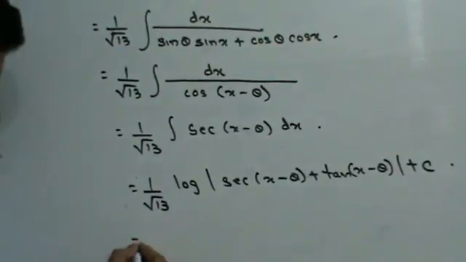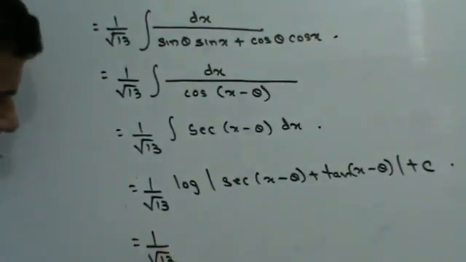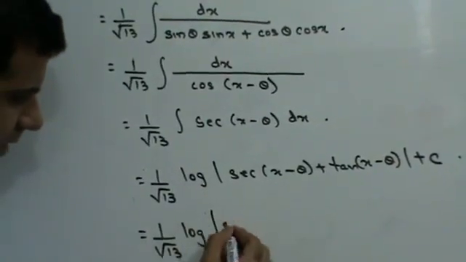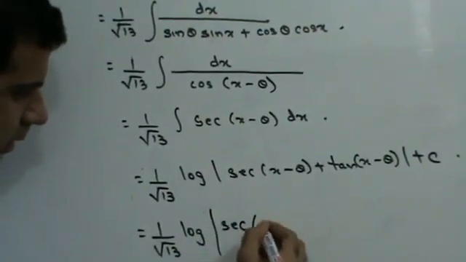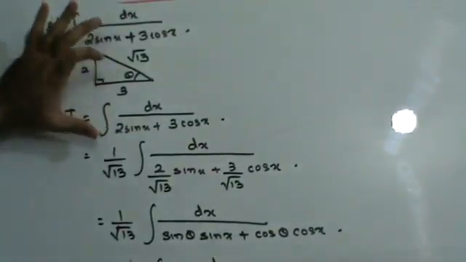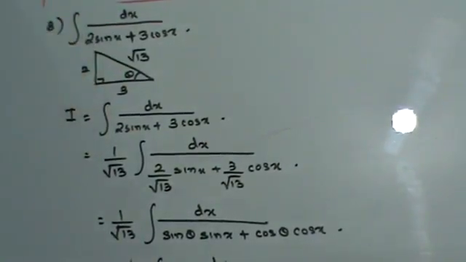But from the right angle triangle, tan theta is nothing but opposite upon adjacent. That means tan theta is 2 by 3.